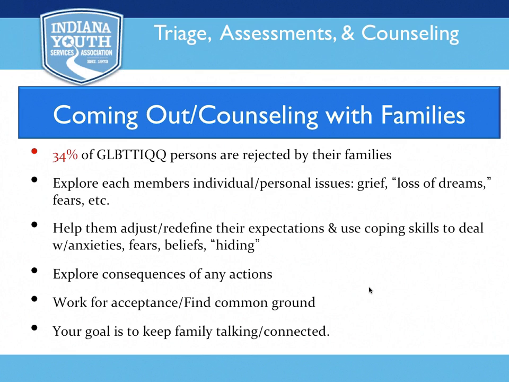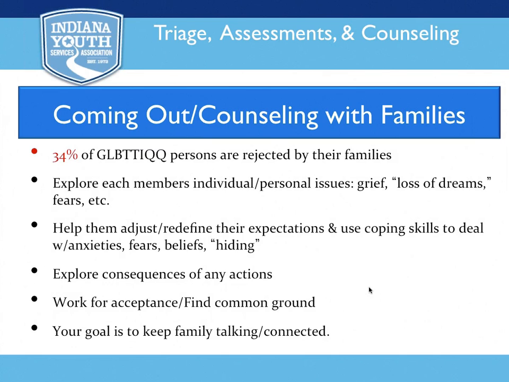Another specific area in counseling, when we're dealing with GLBTQ youth, is this idea of coming out with the families. As mentioned before, 34% are rejected by their peers, and a lot of times both the youth and the family deal with this out of a grief model and a loss model.